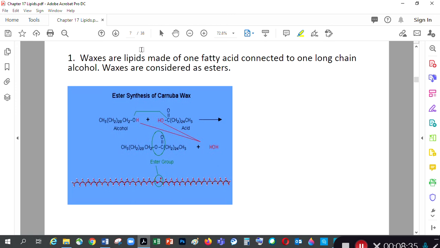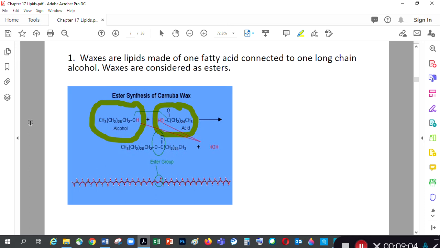Let's go and look at each one in some detail. So if you look at waxes, what are those waxes? Waxes, they are lipids. They are not soluble in H2O or in a polar solvent, but they are soluble in non-polar solvent. And if you look at them very closely here, they are made of one fatty acid. This is a fatty acid, and this is a long chain alcohol.